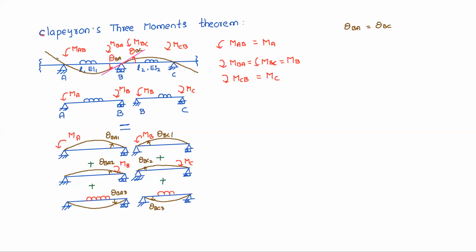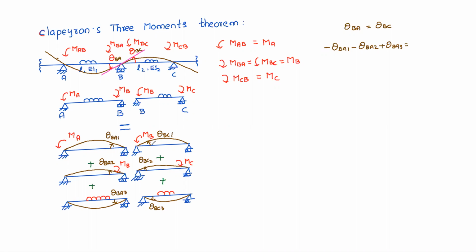That means theta BA is nothing but minus theta BA1 minus theta BA2 plus theta BA3, equal to theta BC, which we assumed here anti-clockwise. If it is opposite, then it must be negative.